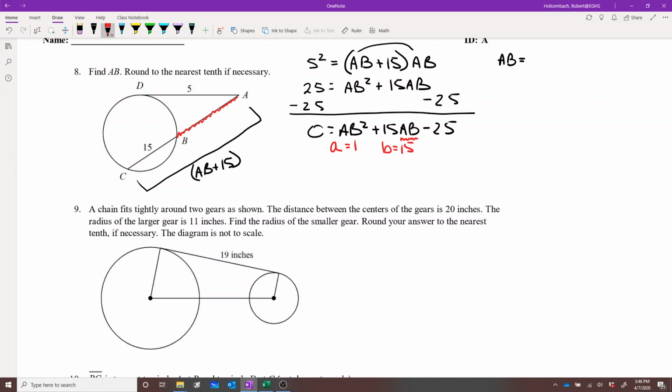And anything after that is your C value, so our C equals negative 25. You've got the quadratic formula in your notes from Tuesday. So our AB is going to be equal to negative 15 plus or minus the square root of 15 squared minus 4 times A times C, which is negative 25.